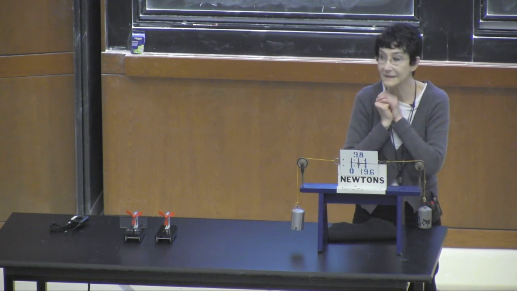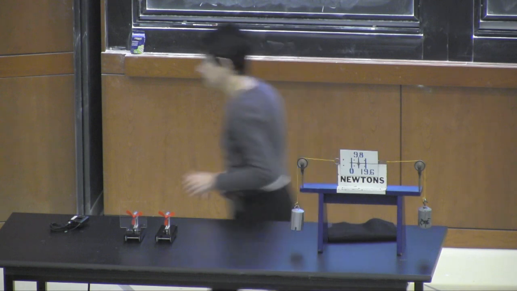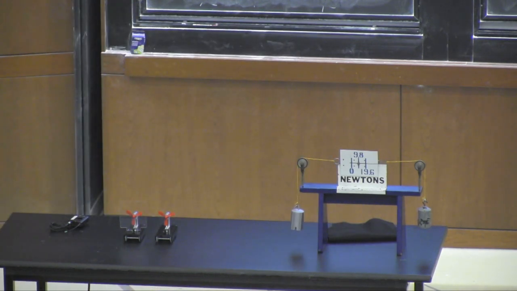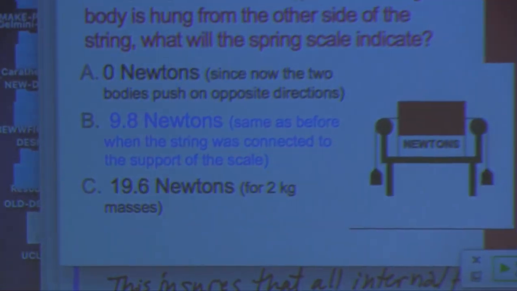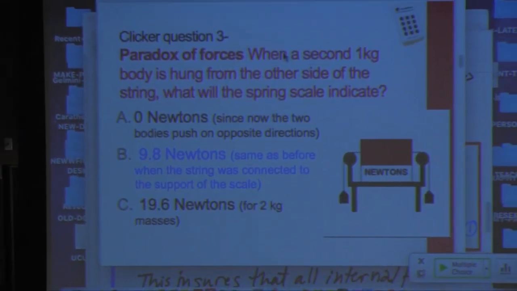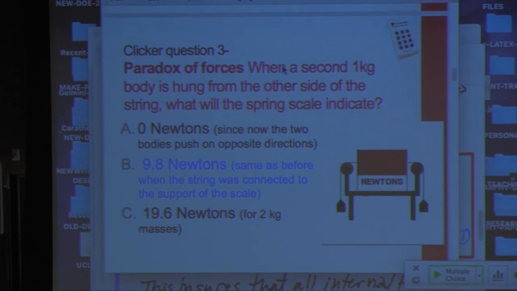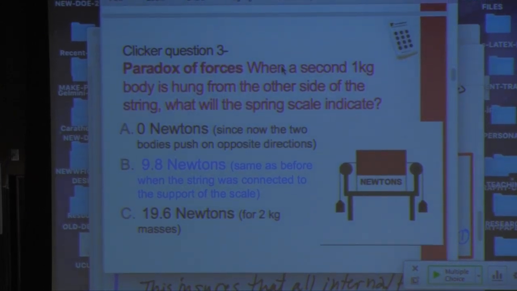And this is equilibrium, right? This is the concept of equilibrium. So I hope you like that. It doesn't matter if you have two. This is the same as before when the string was connected to the support of the scale, because the tension in the string was already mg.